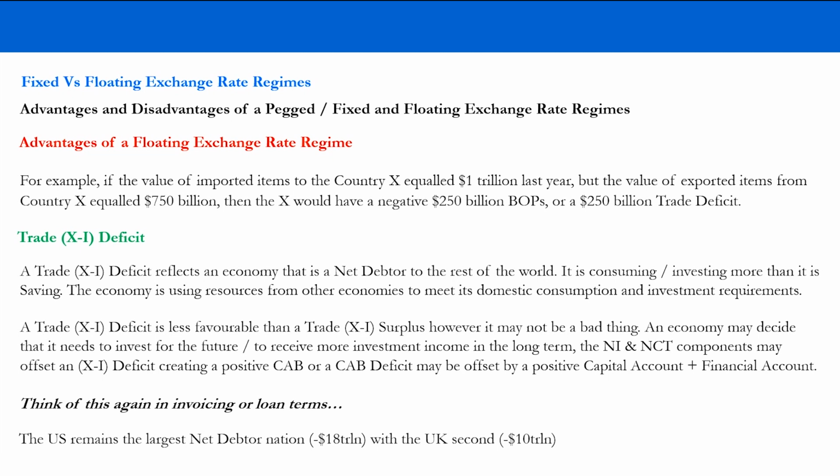So it's not necessarily a bad thing, but it's obviously less favorable than a trade surplus. And in the modern world, the US remains the largest net debtor nation at minus 18 trillion deficit, with the UK a close second.